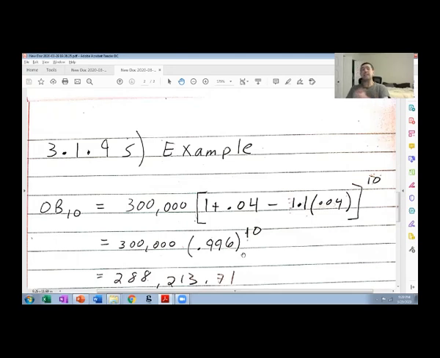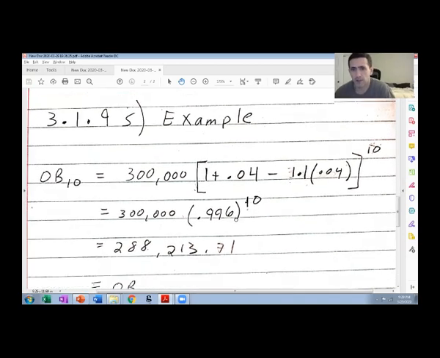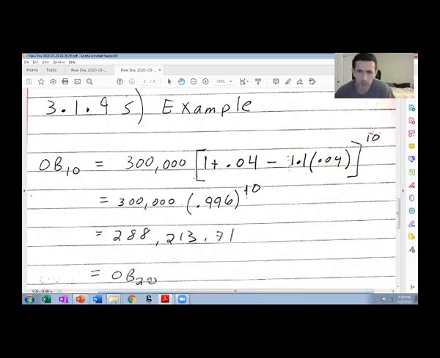Well, for the next 10 years, all you're doing is paying off interest. So you're not chipping away at the outstanding balance, nor is interest being capitalized because you are paying all the interest. You have the same outstanding balance after 20 years as you have after 10 years. You're just paying interest, and you're not touching your outstanding balance.